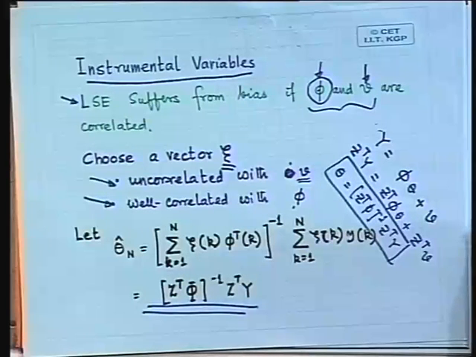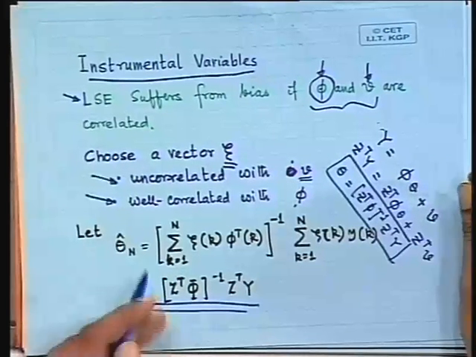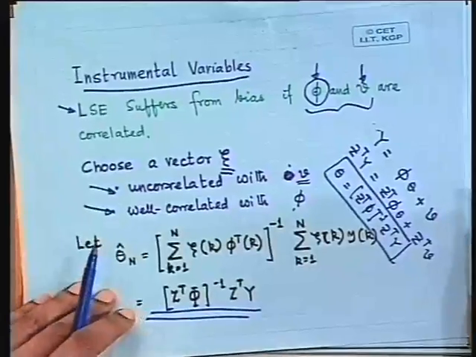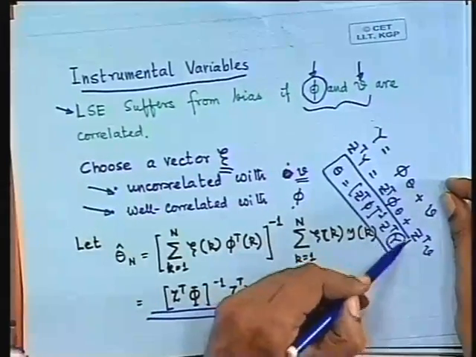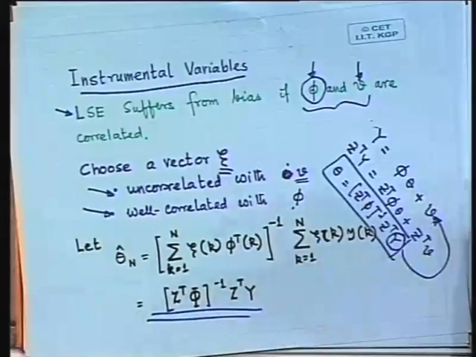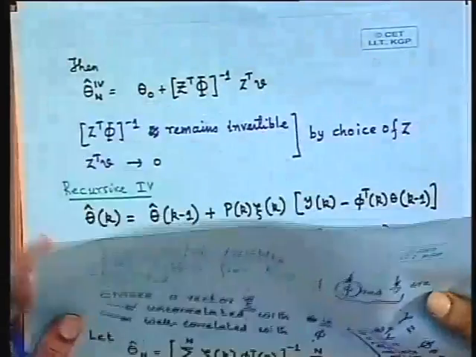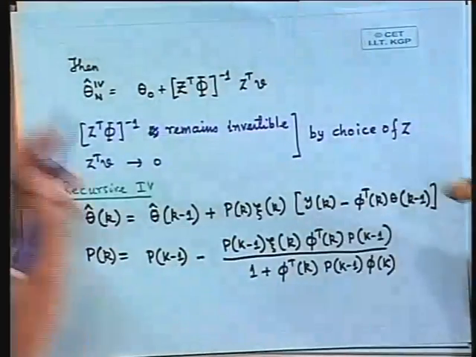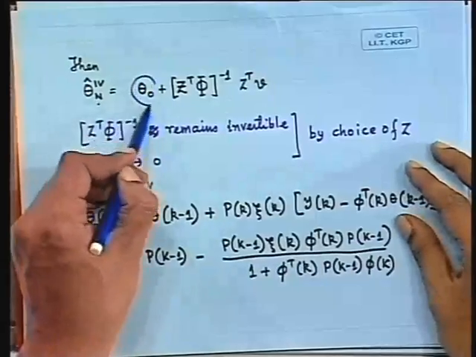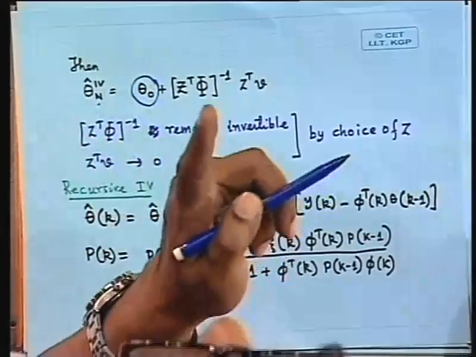Why do I want to do this? Because now it can be shown, for this theta hat n, if in place of y you put this equation back again, then you will find that theta IV is the true parameter theta naught if your data was generated using the same model.